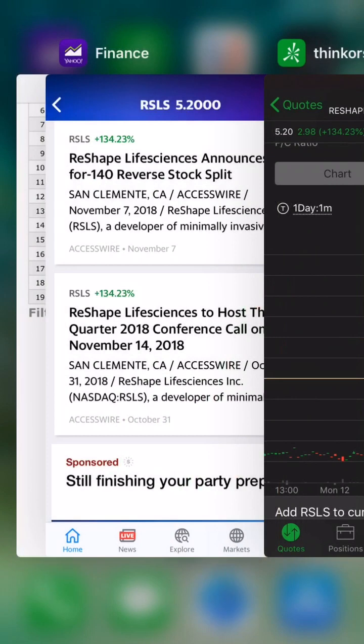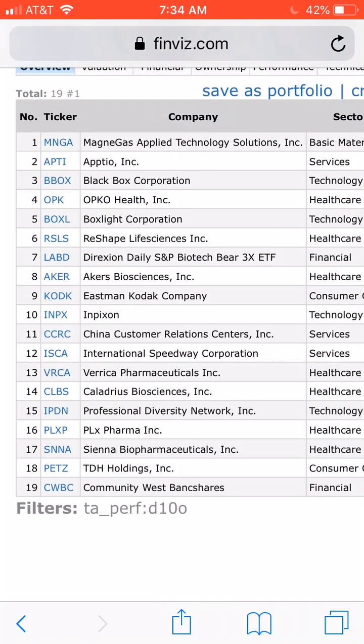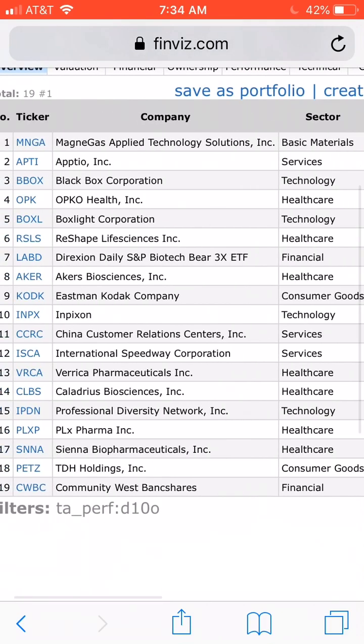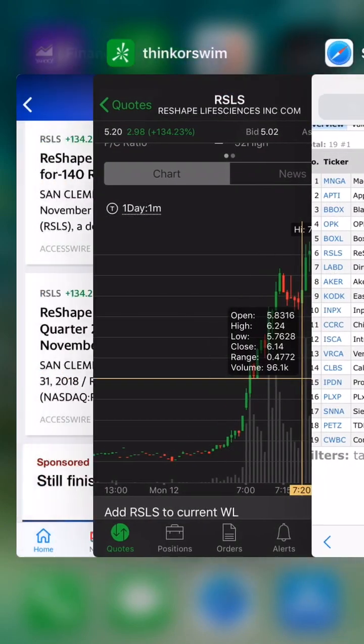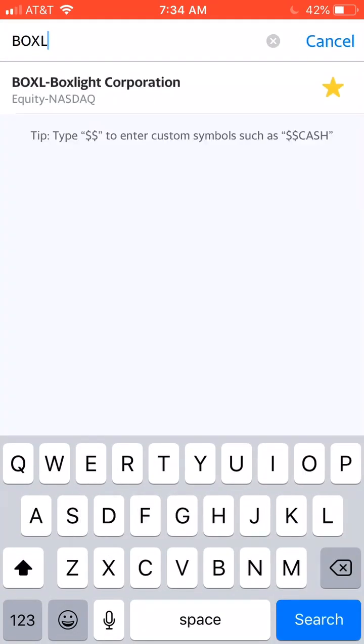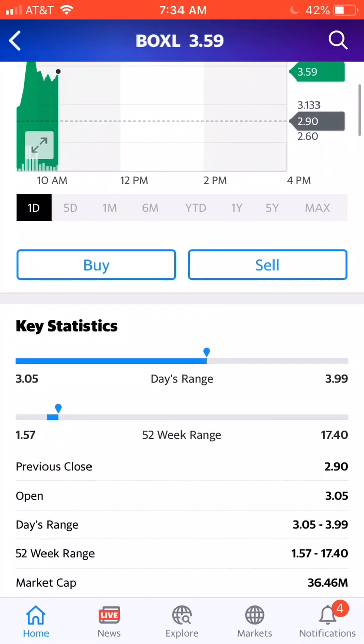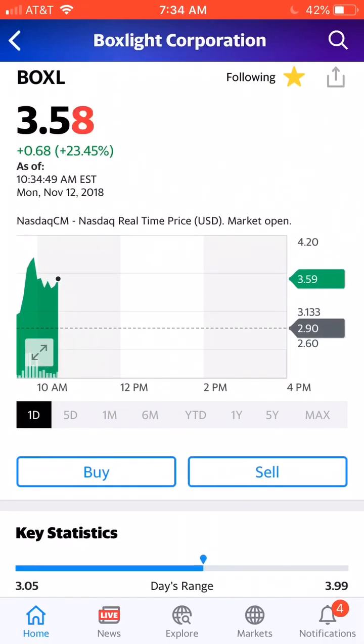Okay, so I'll go back here. I can take another peek at Voxel just to see if it broke over $4, and no, it's still under $1. On Yahoo Finance here we can see the price, and this price is pretty much in real time.